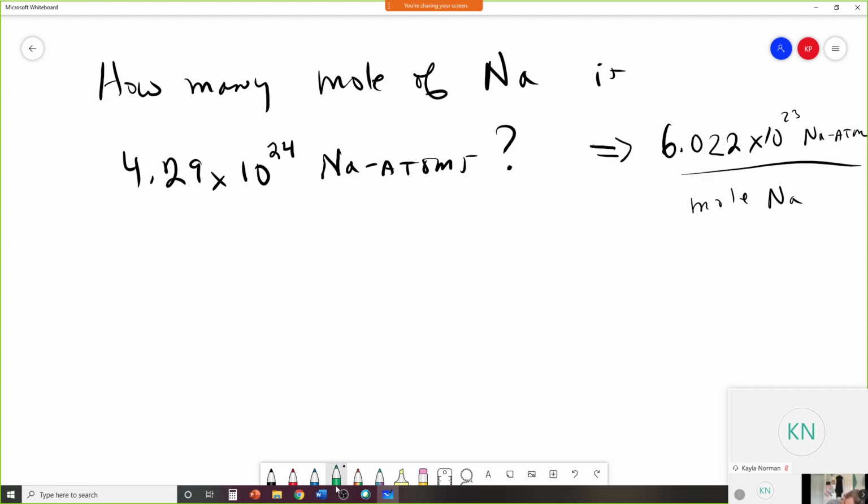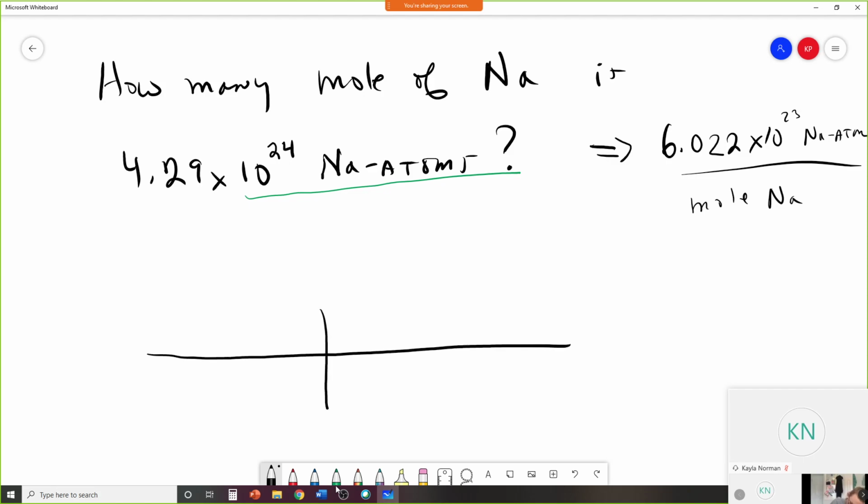Because I see sodium atoms over here. That's how I know. I have everything I need because I don't have any other questions I can ask myself, so I'm going to draw a line. I'm going to draw another line.